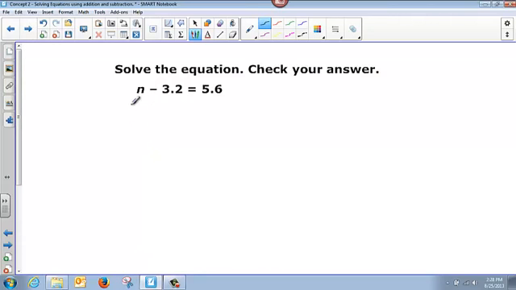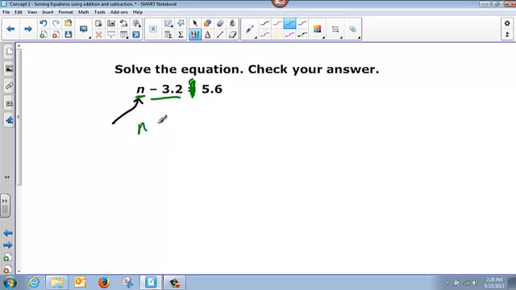Okay, so we want to solve for n, and I ask, what's happening to n? On this side of the equation, this is where n is, and 3.2 is being subtracted from it. So the inverse operation of subtraction is addition.